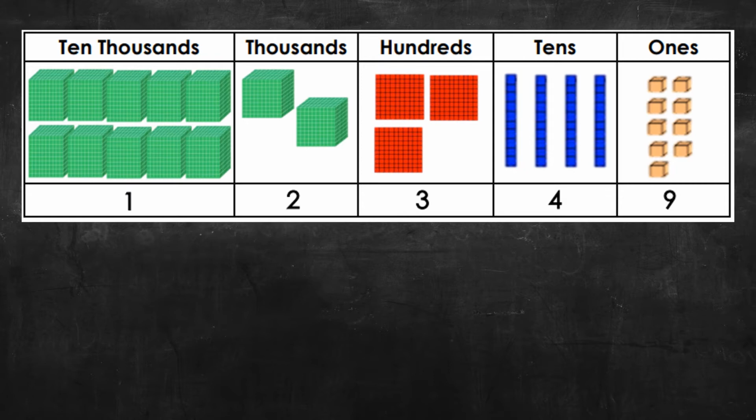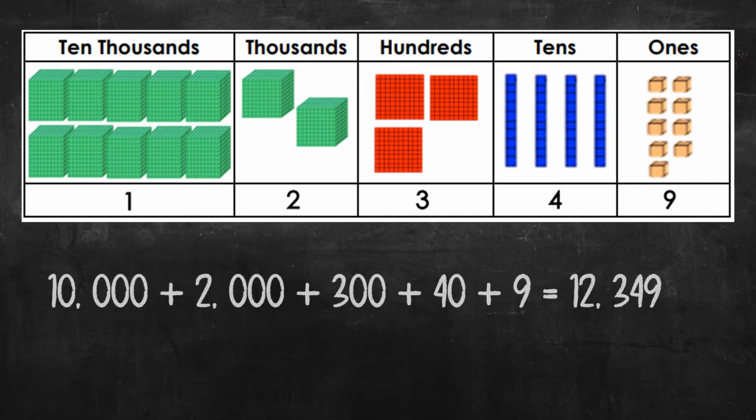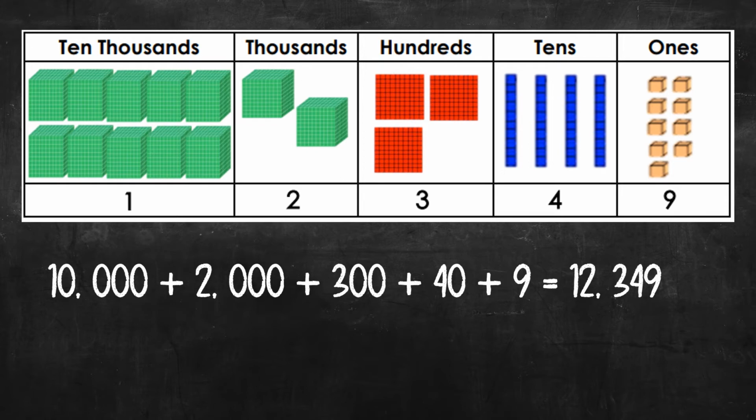The place value of 3 is in the hundreds place, which is a value of 300. The place value of 4 is in the tens place, which is a value of 40. And the place value of 9 is in the ones place and has a value of 9. It can be expressed as 10,000 plus 2,000 plus 300 plus 40 plus 9, the expanded form, or read as 12,349.